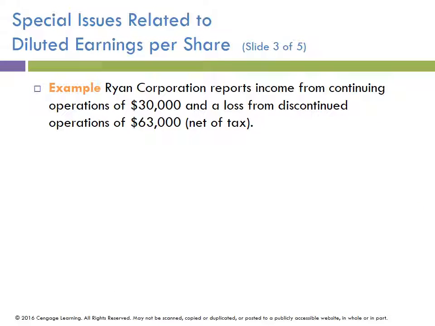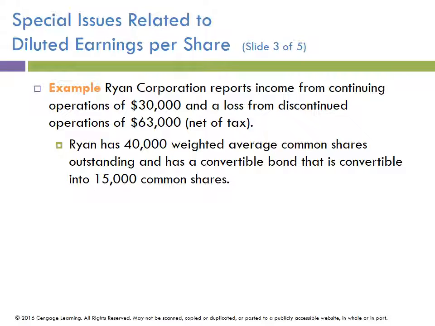Ryan Corporation reports income from continuing operations of 30,000 and a loss from discontinued operations of 63,000. They have 40,000 weighted average shares outstanding and a convertible bond that can be converted into 15,000 shares. They don't have any stock warrants or anything like that.